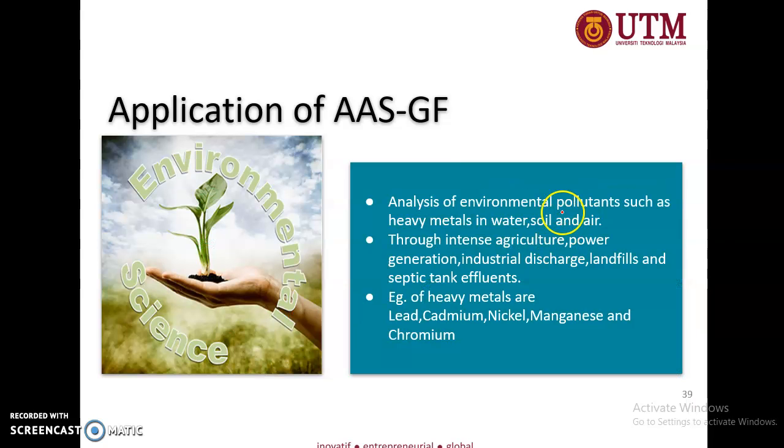It is also used in quality control analysis in factories. It can also be used to analyze industrial discharge to comply with EPA. So graphite furnace AAS is like everywhere.